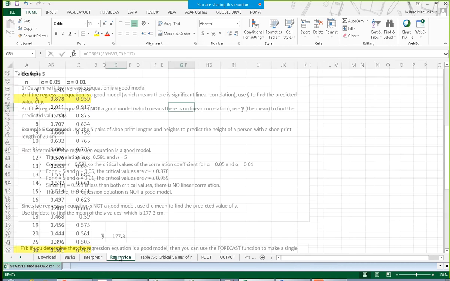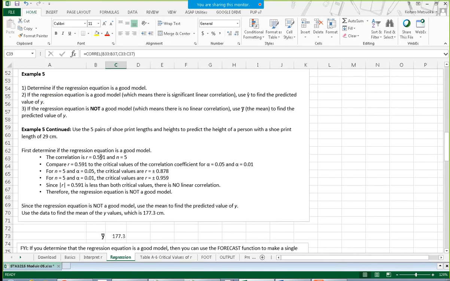Compare these two numbers with 0.591. You see that the r, regardless of the alpha 0.05 or 0.01, the 0.591 is less than 0.878 or 0.959. So according to the rule we just learned, there is no correlation. If that's the case, then we determine that the regression equation is not a good model.